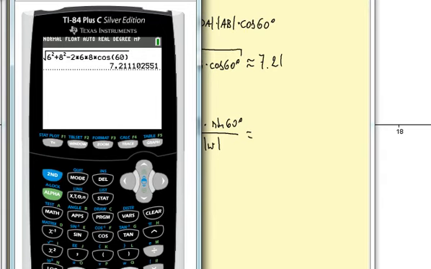So it is 8 times sine 60 degrees, because I have to make sure that the mode is set to degrees, not to radians, and divided by whatever is in the answer.